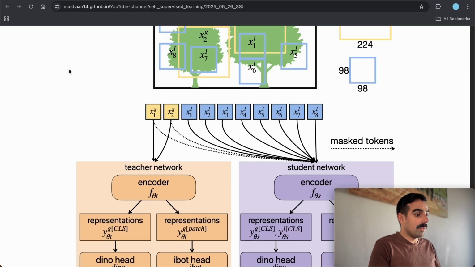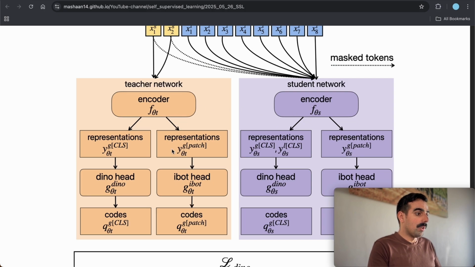So this is what they have done in iBOT and in DINOv2, passing two global views to the teacher, masked global views to the student network, and local views. The views are passed through the encoder from the vision transformer output. We're pulling the class token and the patch token. And for the student, we're pulling the class token and the patch token also.